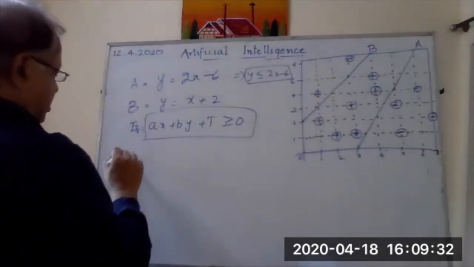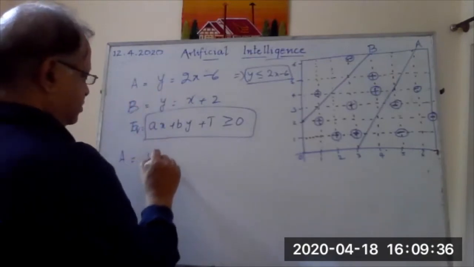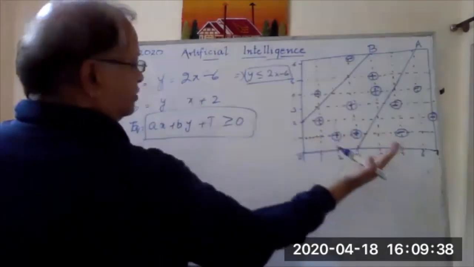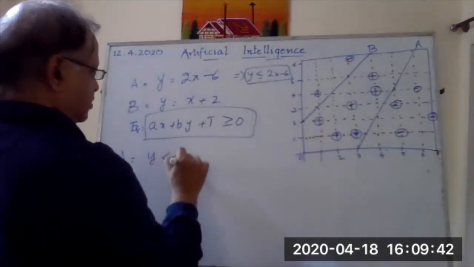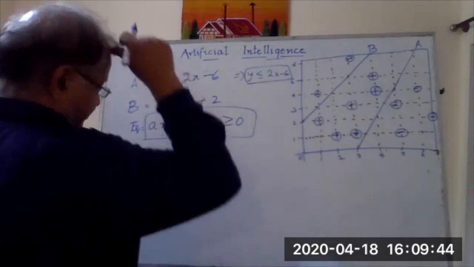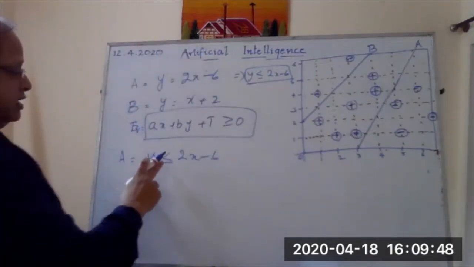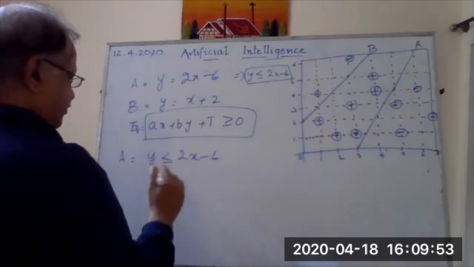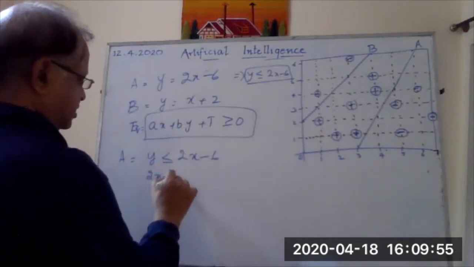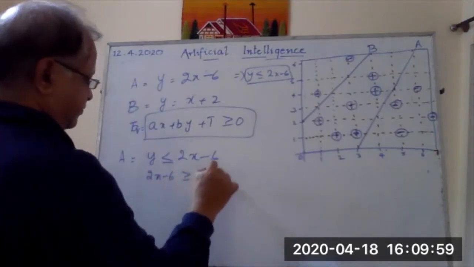Now let's take A, which is of the form y less than or equal to 2x minus 6. But it has to be represented in the other form, so I have to flip it: 2x minus 6 is greater than or equal to y.